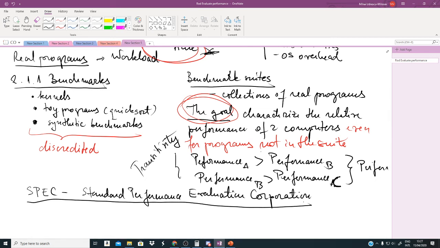So they are very good. They have a website, www.spec.org.